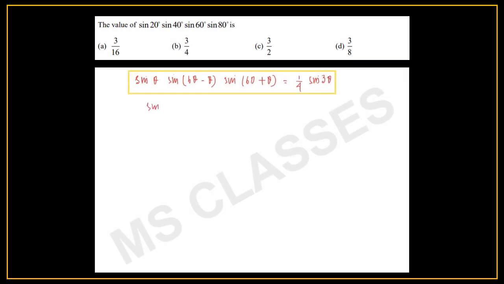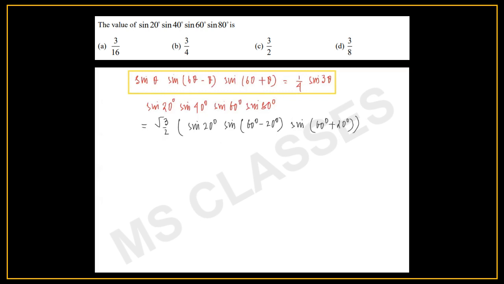That is, we have sine 20 degree, sine 40 degree, sine 60 degree, and sine 80 degree. We know that sine 60 has a standard value, so we keep that aside, root 3 by 2. Here we have sine 20 degree, sine 40 degree, that is 60 degree minus 20 degree, sine 80 degree, sine 60 degree plus 20 degree.